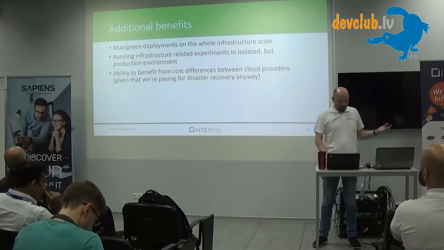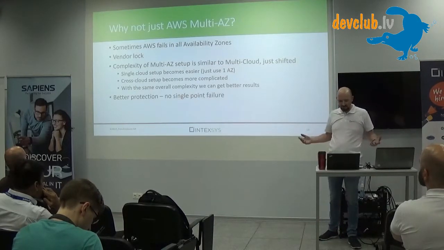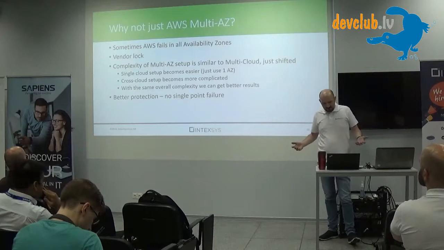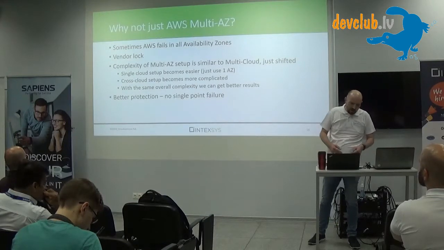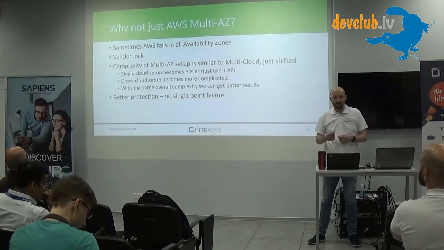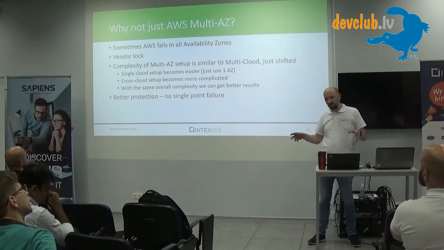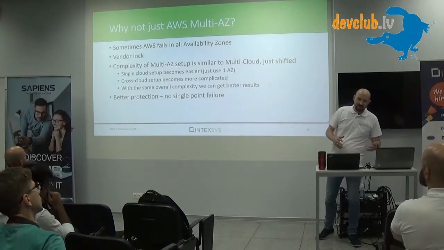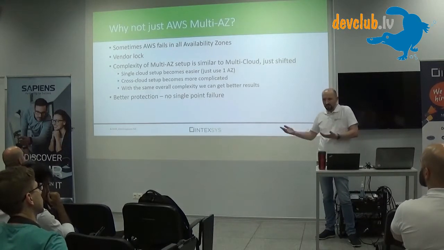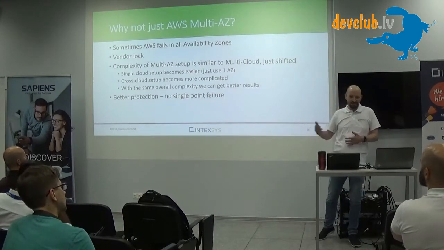So you may wonder, why not just use AWS multi-availability zones? Basically all the same reasons. It can fail, even with multiple availability zones. Another reason, a business reason, is vendor lock-in. If we're doing AWS with multi-availability zones, we are locking ourselves to Amazon. And as we are an e-commerce company, we're basically competing with Amazon. We are selling goods, and some of these goods are the same as Amazon's.